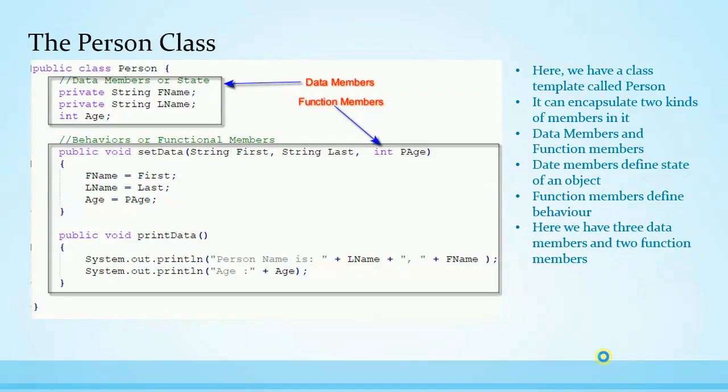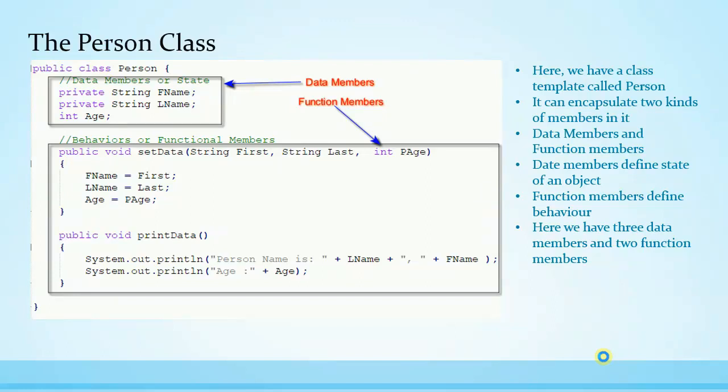Okay, on the left hand side you are seeing a template called Person. So this is the class definition. The class name is Person. That means we are defining a template here. There are two parts here. One is the data members, another one is function members. The data members define the state, and function members define the behavior.